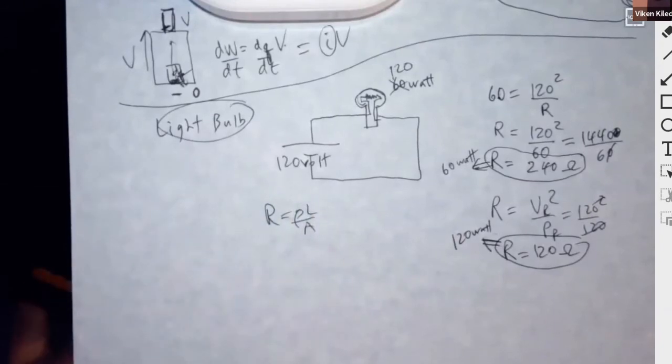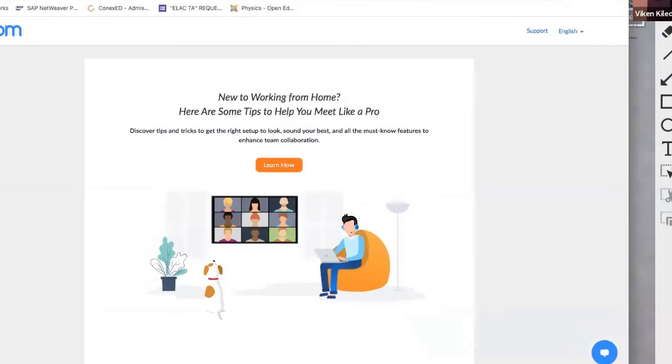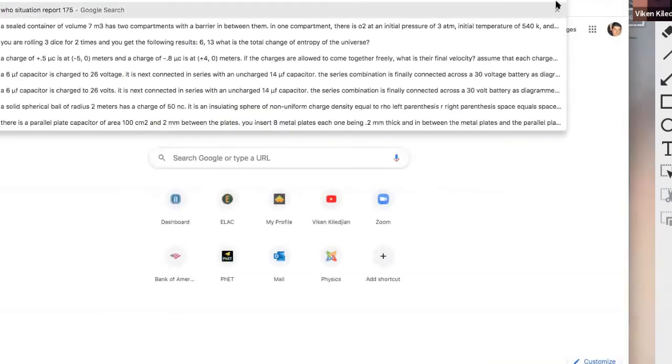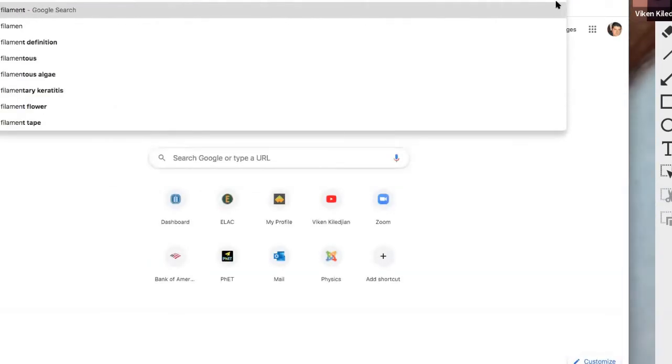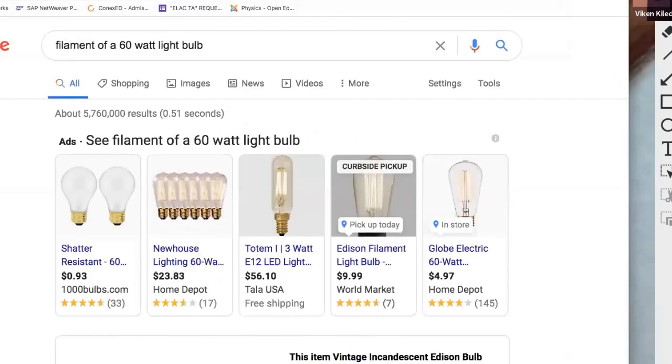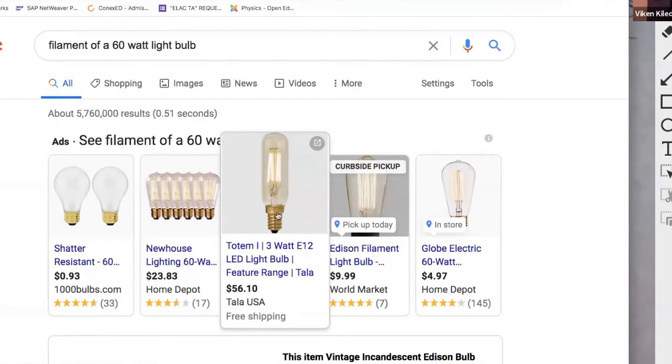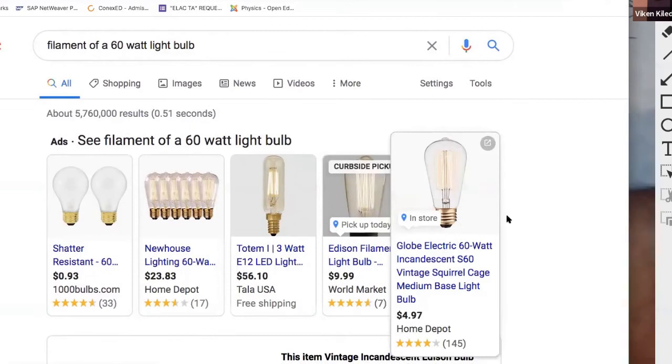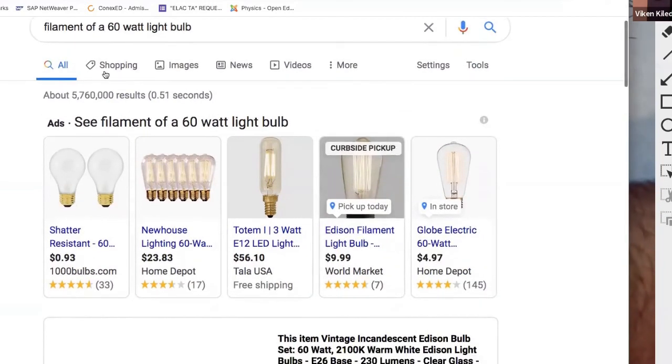Let's see here. The filament inside, the wire inside, is usually called a filament.